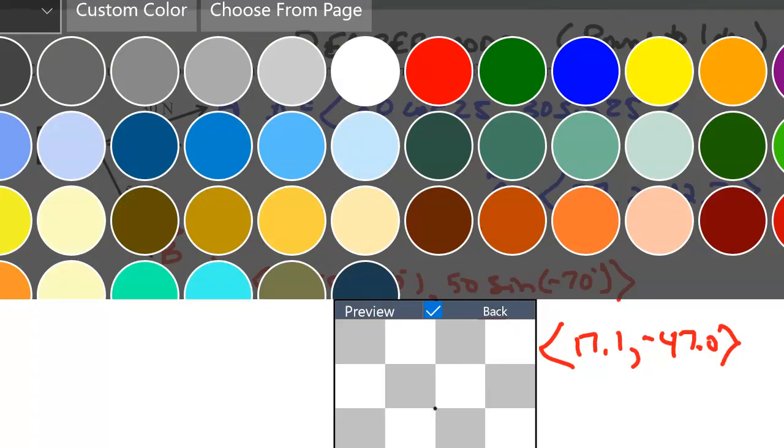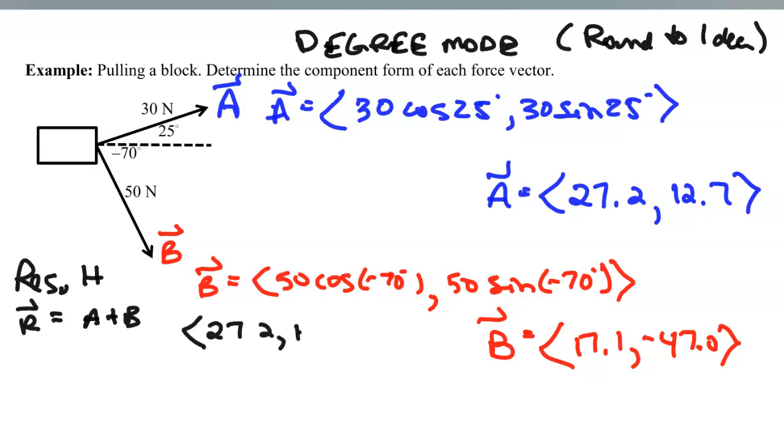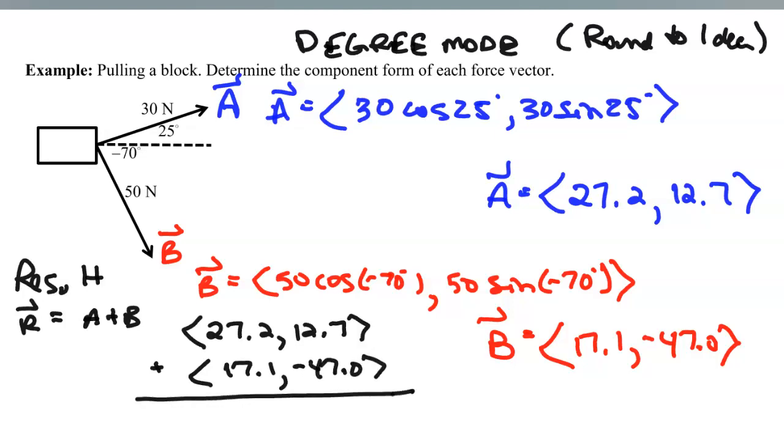I'm going to do this basic for a second, and the result, vector R, is just A plus B. So if I wanted to, I could do 27.2, comma 12.7 plus 17.1, comma negative 47.0, and my result is equal to 44.3, comma negative 34.3.